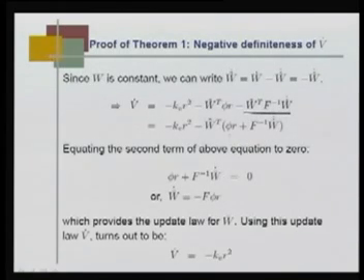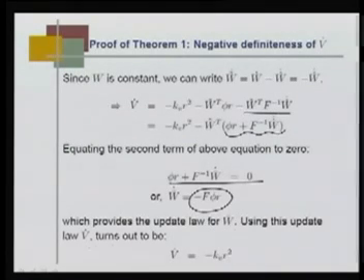For that to happen, this term should become 0. From here, W hat dot is minus F phi r, which provides the update law for W hat. Using this update law, V dot turns out to be minus k v r square. So, this gives us stability.